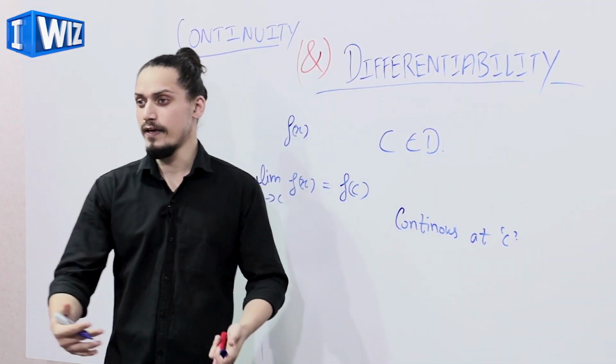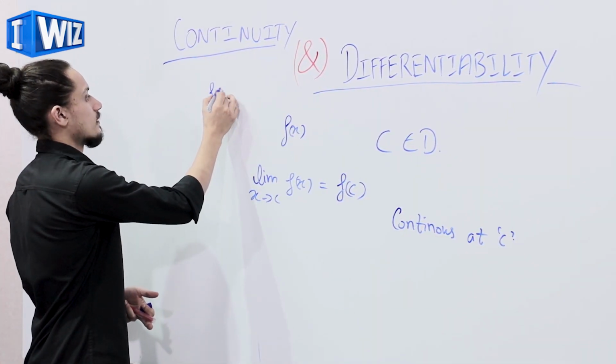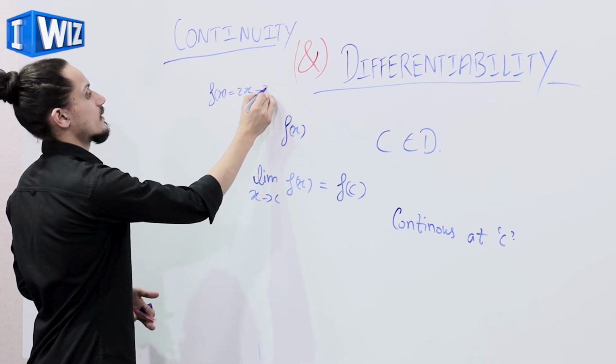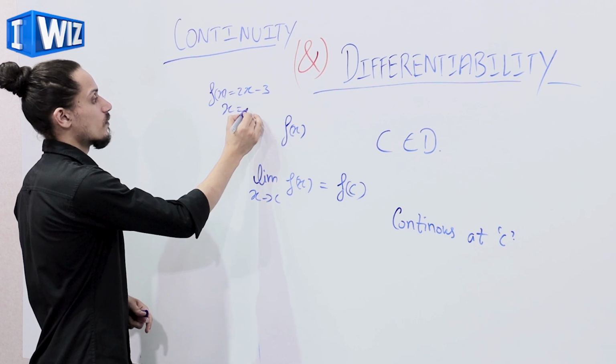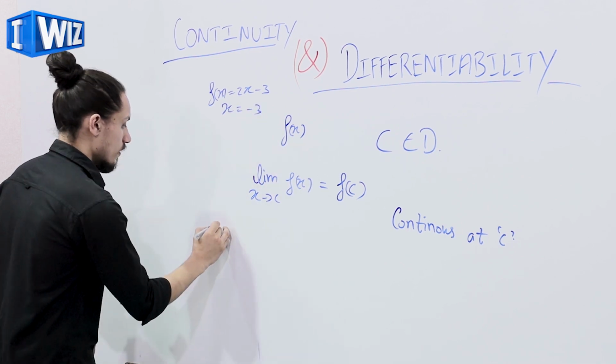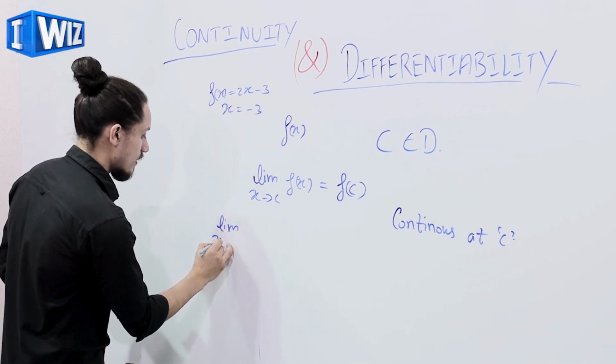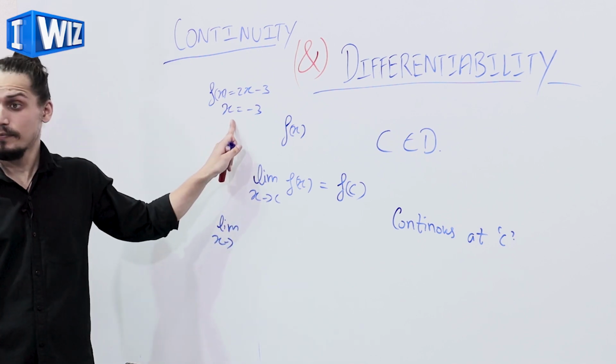For example, say we have a function f of x is equal to 2x minus 3. We need to check its continuity at say x is equal to -3.